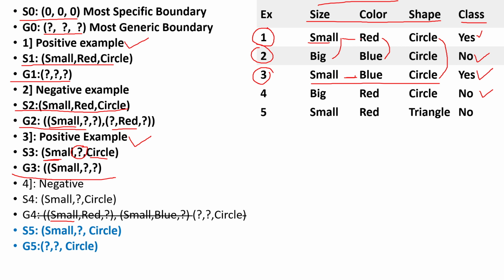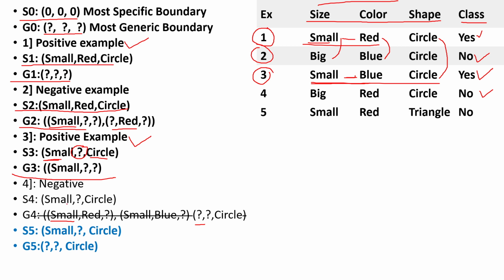Small in size takes two different possible values for the color, that is blue and red. Both you have to make entries: small, red, question mark, and small, blue, question mark. Then the circle can take any value. Small red is there, small blue is there. So you can put that by question mark, or you can keep as it is.